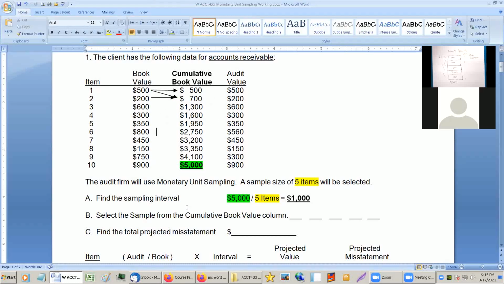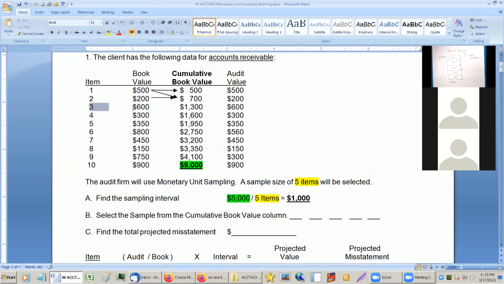You get the idea. So what we're going to do is see which item will cross the interval. The first one, which one will cross the 1000 interval? $600.